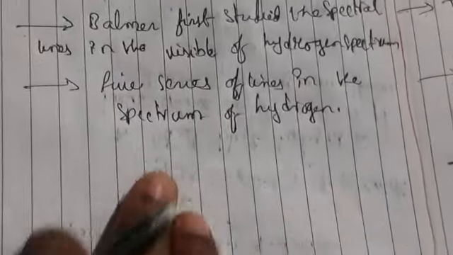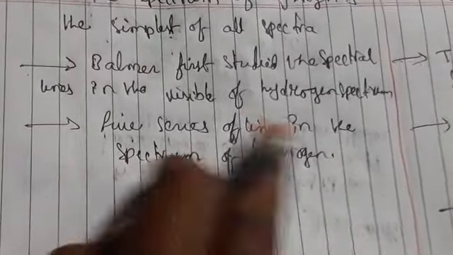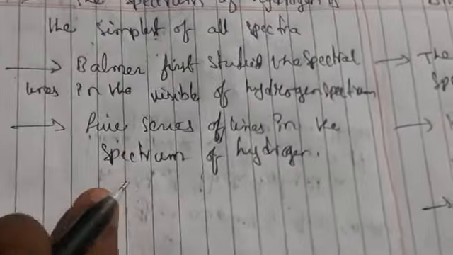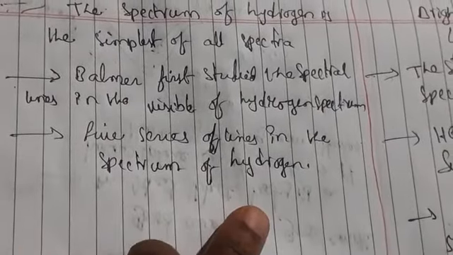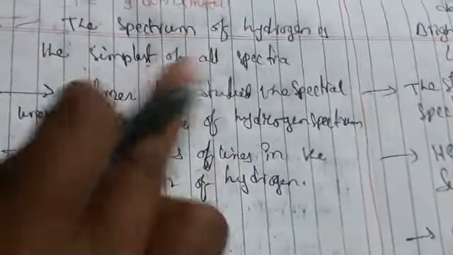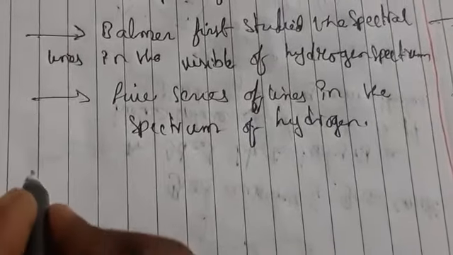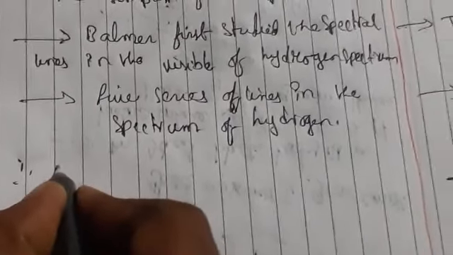So what are the five series? Let us see according to Bohr. According to Bohr, each line in the spectrum is caused by electron jumps from a higher level to a lower orbit. From absorption spectrum to emission spectrum we are getting. The first one is the Lyman series.